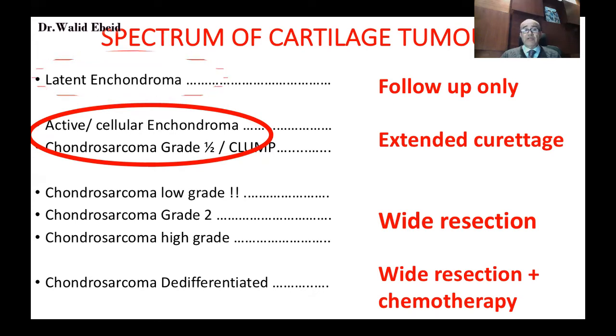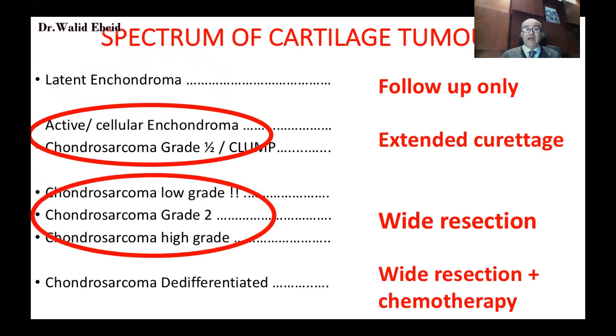And we also need to differentiate between this group of ACTs and low-grade chondrosarcomas versus the higher-grade chondrosarcomas, because the first group will be treated with extended curettage, whereas the higher-grade chondrosarcomas will be treated differently with a wide resection. So we need to differentiate between the group which we're going to treat conservatively versus doing curettage, and between the group which we're going to do extended curettage versus wide resection.